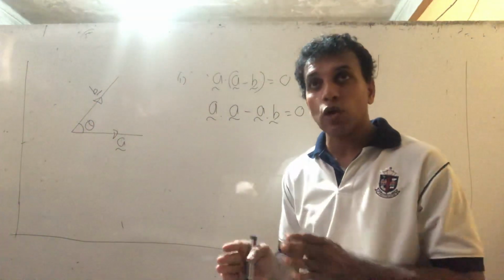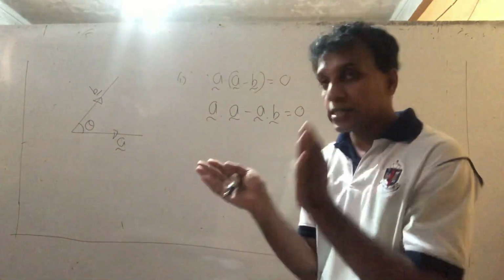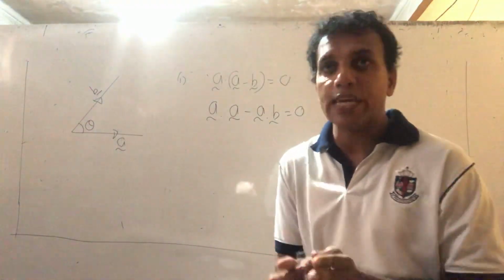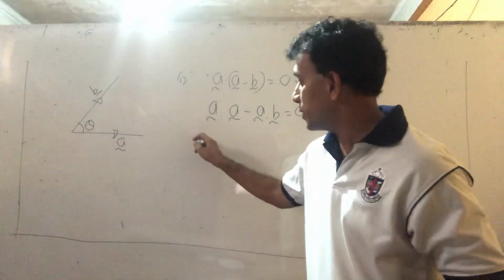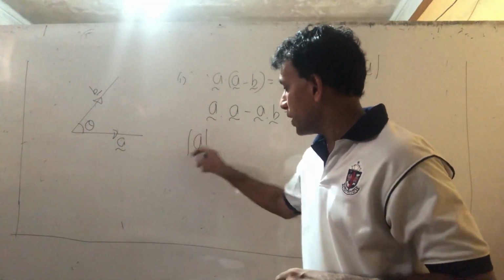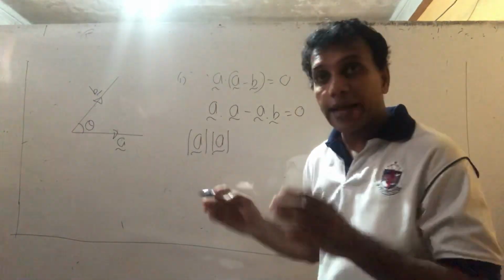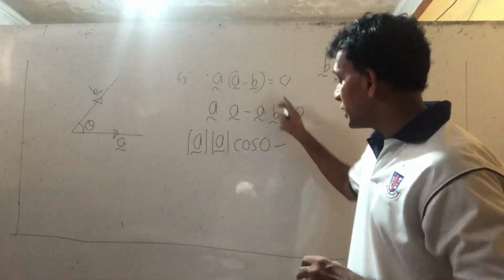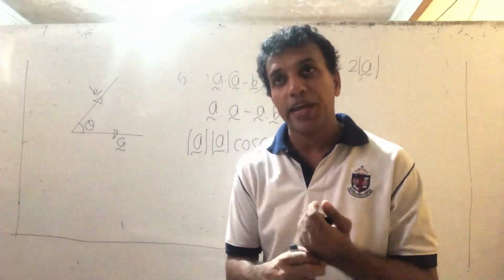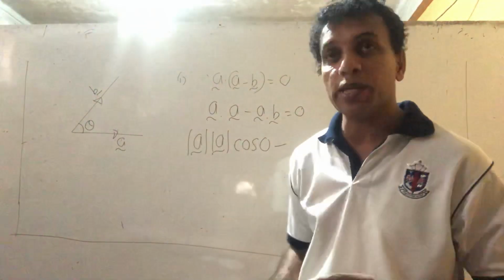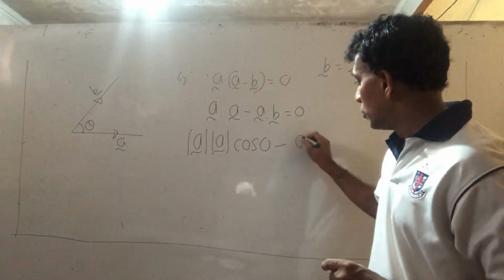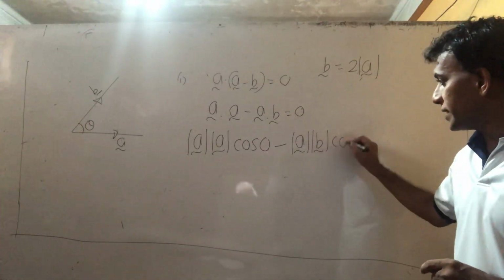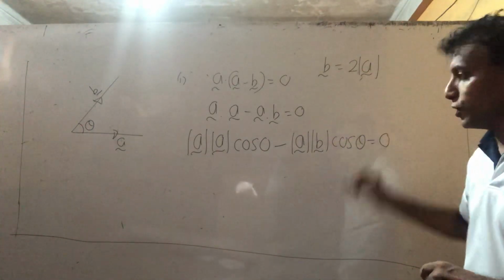The angle between them is 0, since it is the same vector, so theta is 0. So mod A into mod A, cos 0, minus A dot B, using the definition, mod A, mod B, where the angle between them we call theta, cos theta, equals 0.